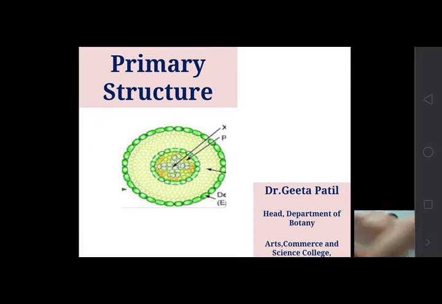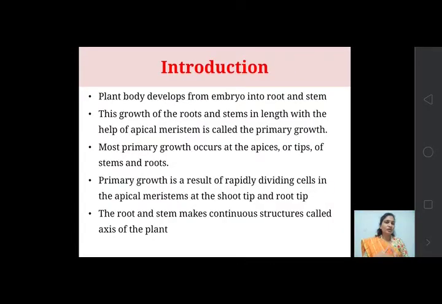So let's see what the primary plant body is. The primary plant body develops from the embryo into root and stem. When we sow the seeds, the first thing that arises or develops from these seeds is the root, that is, a sprout.